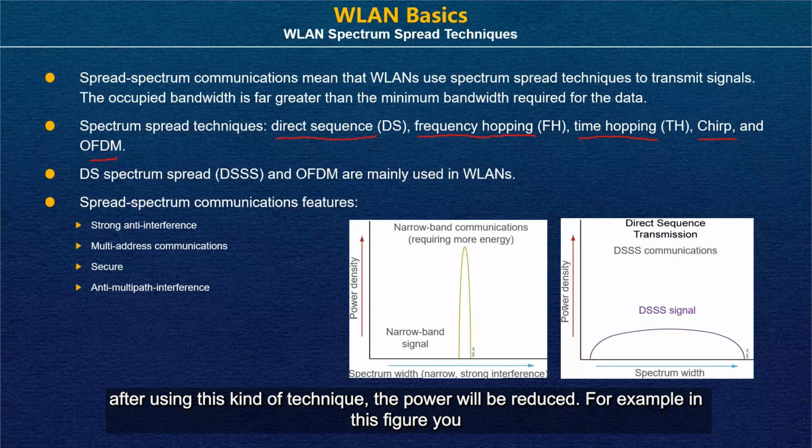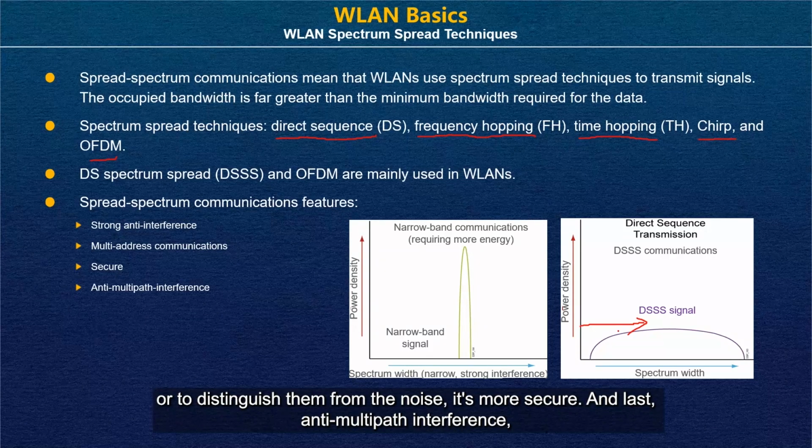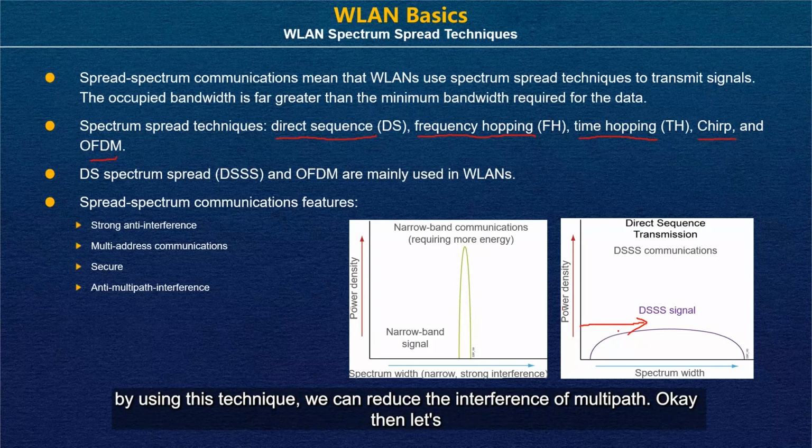For example, in this figure, you can see the power density has been reduced a lot after spreading. So it will be harder to find them or to distinguish them from the noise. It's more secure. And last, anti-multipath interference. By using these techniques, we can reduce the interference of multipaths.